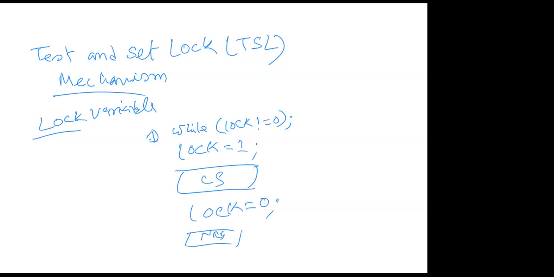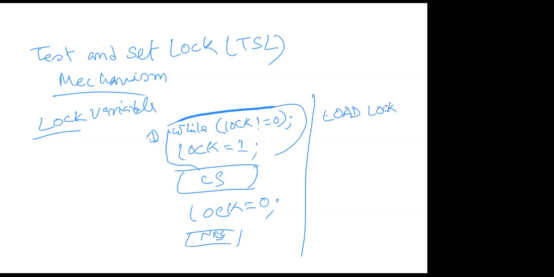Now let's check how you can implement these two lines of code using assembly language. First, you need to load the lock variable into some register, let's say register R1, and then compare R1 with the number 0. Whatever the lock value is, you load it into R1 and compare it with 0.